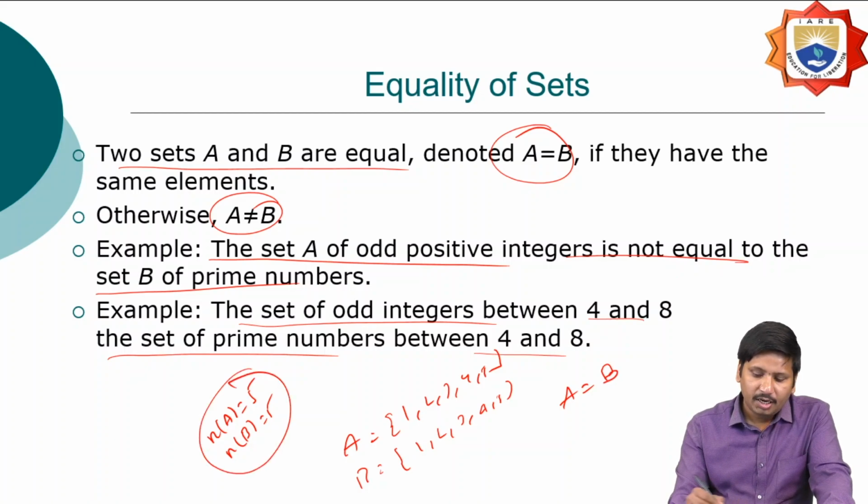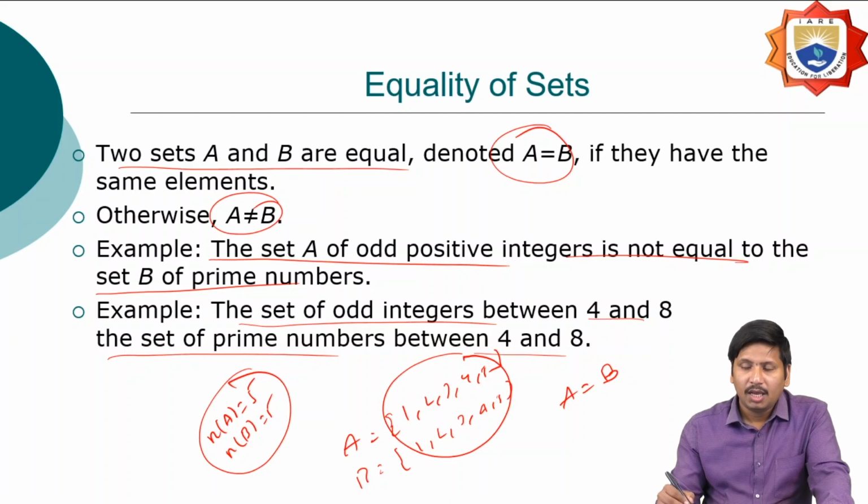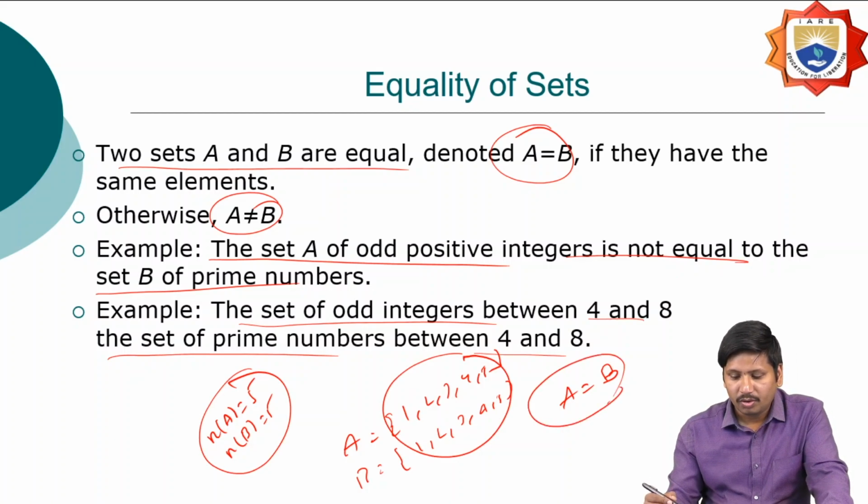So based on the cardinality and the number of elements, I can say whether A equals B or not.